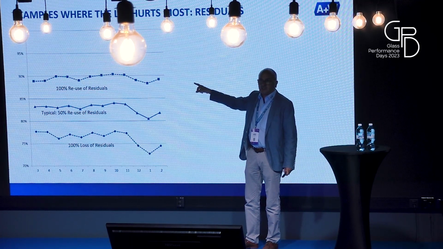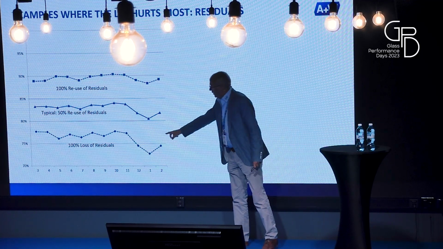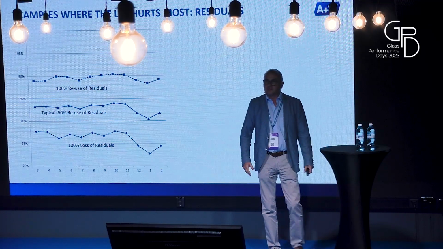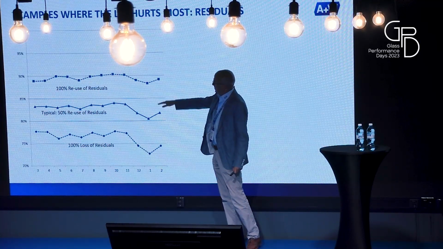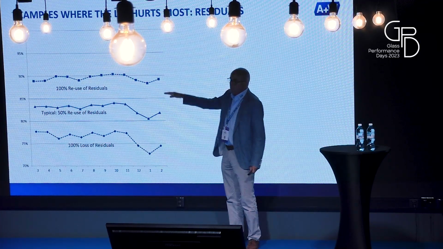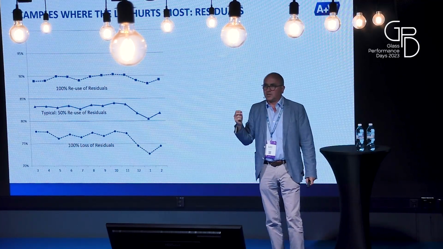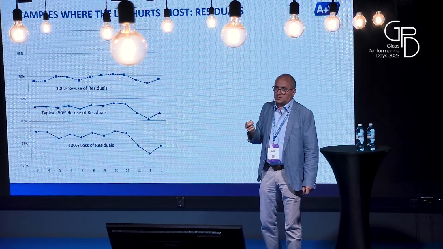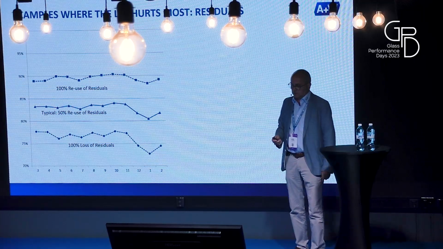And if you assume that the residues are all thrown into the bin, the real yield of the factory would be in the area of 70-something. So you say you use some of the residues, okay, but the realistic curve is here. You see how much difference it is. And keep in mind, 1% yield is a hell of a lot of money. Typically it is still in the range of the salary of a typical worker. So something has to be done.